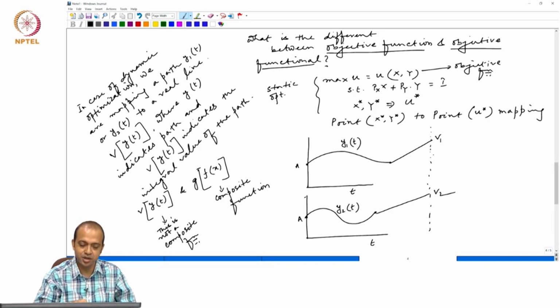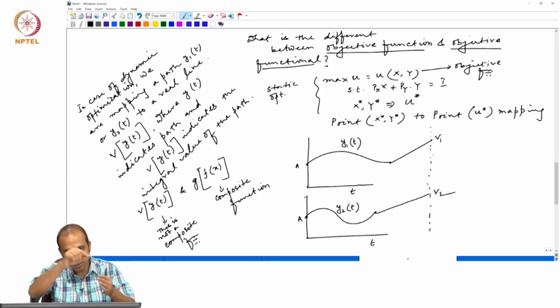G of f(x) is a composite function, because f is a function of x and z is a function of f(x), so ultimately z is also a function of x. That is not the case here, because here I am mapping the entire Y(t), the entire path, to a real line.